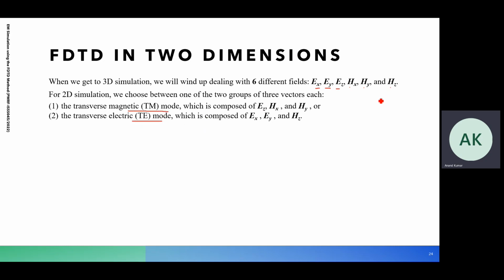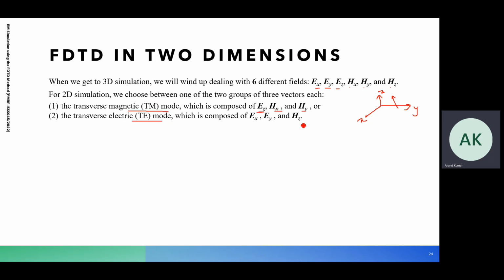For a wave propagating in the Z direction, the transverse magnetic mode does not have an Hz component. It has Hx and Hy, and there is an Ez component.